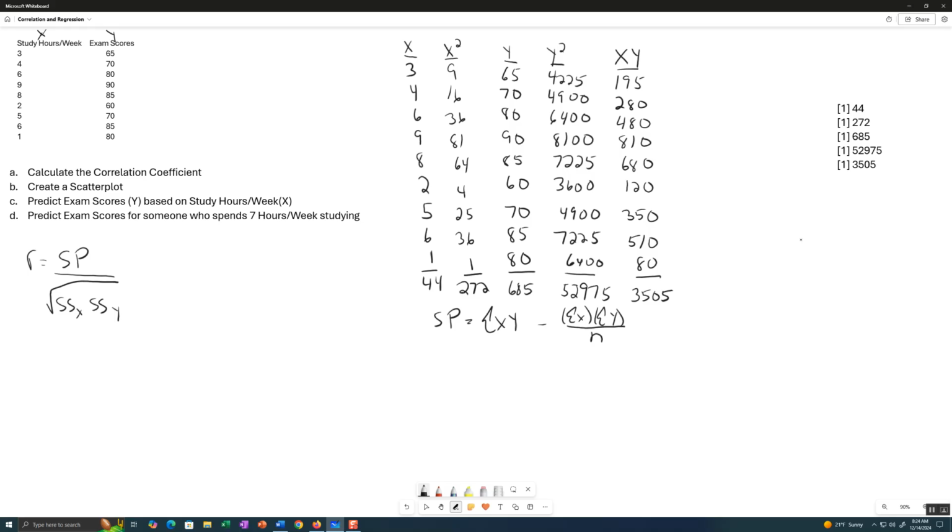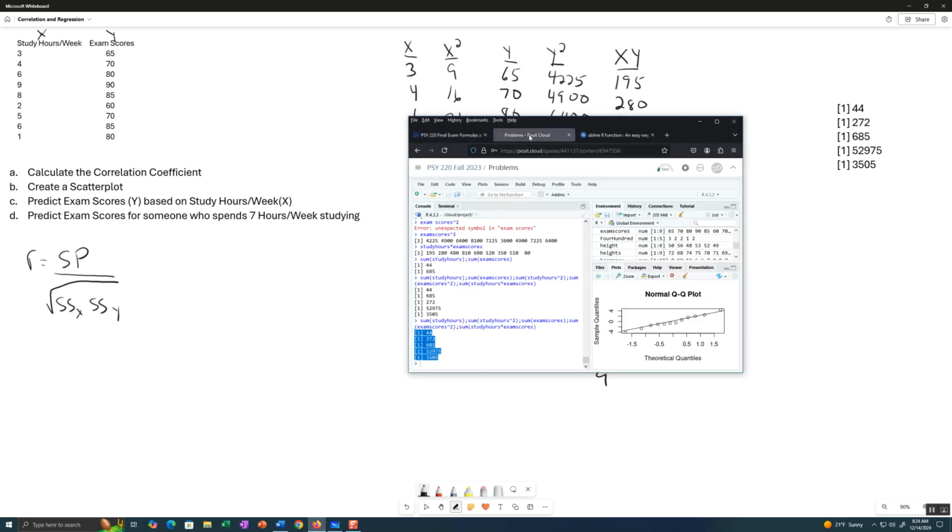So let's find that. SP, sum of XY is 3505 minus sum of X, sum of Y, over the number of pairs of scores: 1, 2, 3, 4, 5, 6, 7, 8, 9 pairs of scores. So that's 3505 minus this product, 44 times 685.